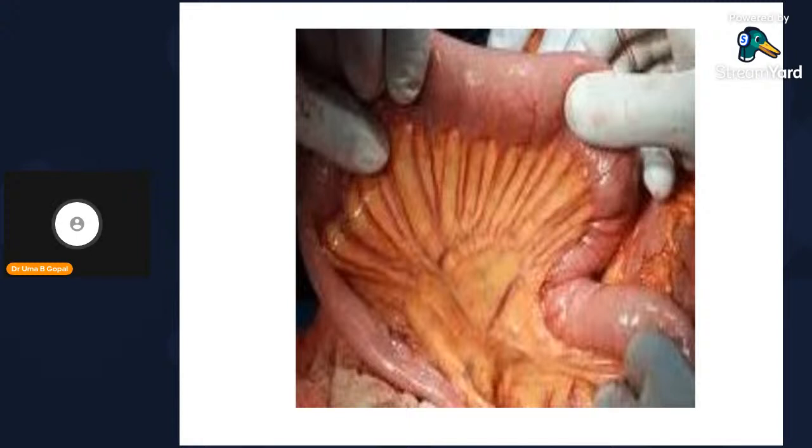Here you can see the figure of the jejunum. You can see the vasa recta, the jejunal vessels passing from the arterial arcades. These are the windows, and in the jejunum the windows are larger and the vasa recta is longer.